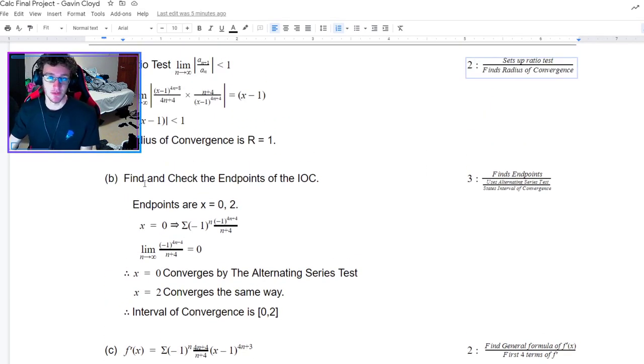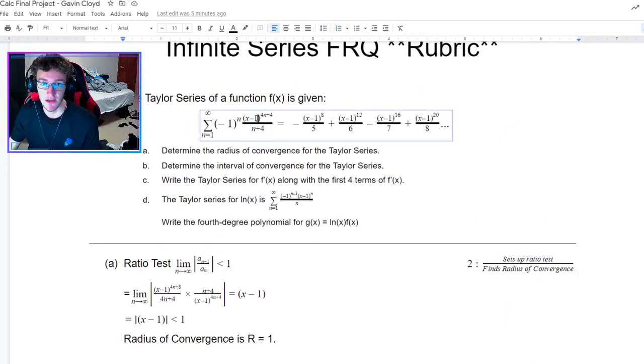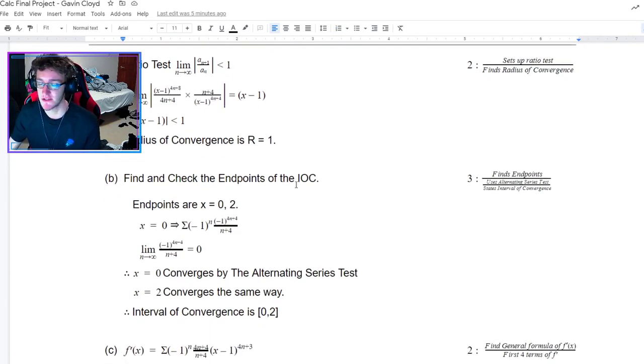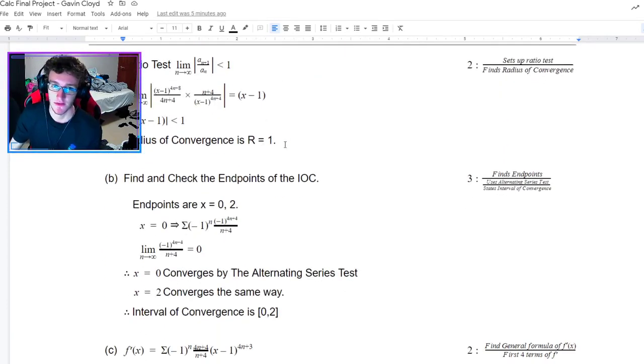And then part B was find the interval of convergence. So you want to find and check the endpoints for the interval of convergence. Since it's x minus 1 on the inside, we know that the center of the series is at 1. And since the radius of convergence is 1, the endpoints are 0 and 2.